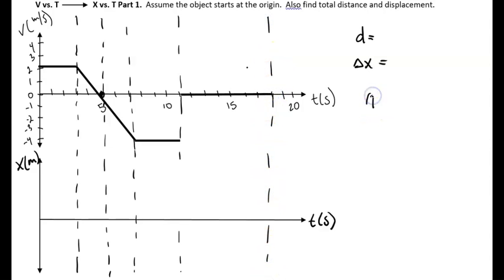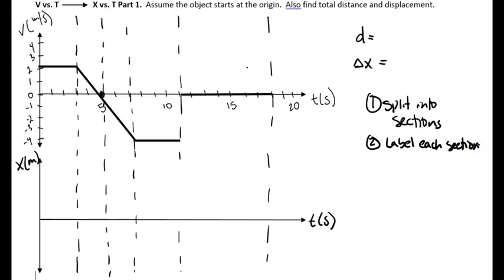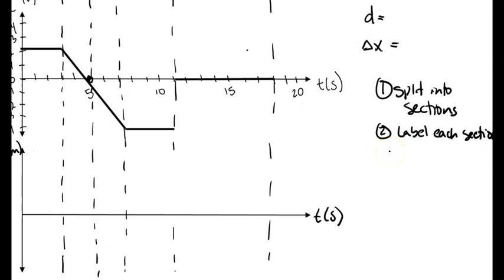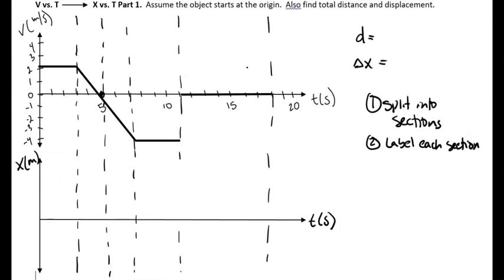And then we have this section right here. So the first step is to split into sections of the object doing different things velocity-wise, like whether it's speeding up, slowing down, constant speed, or at rest. Now I'm going to label each section, and I think this is really important to do before you do any math. With labeling each section, I'm going to add two things. A, what direction is it moving?